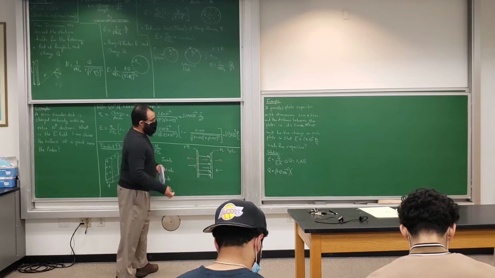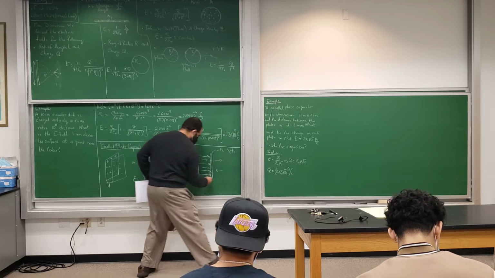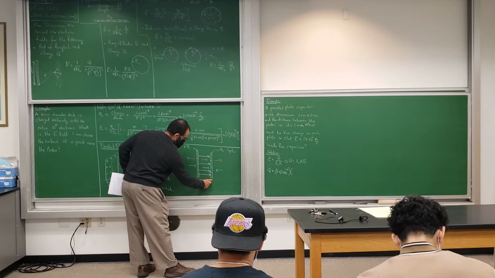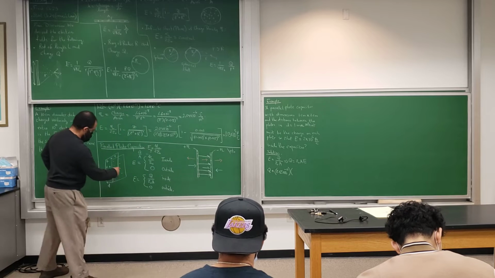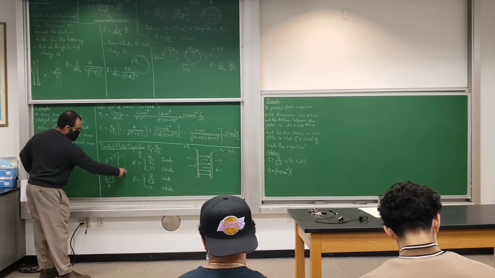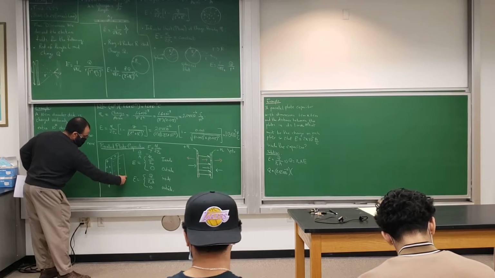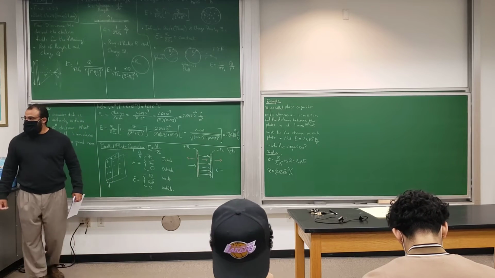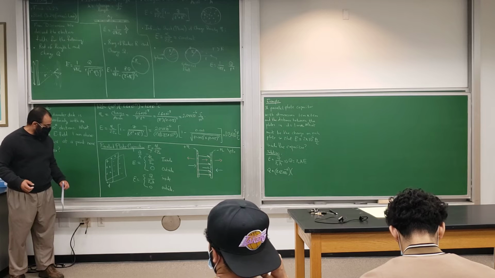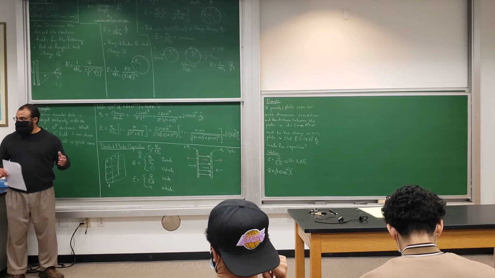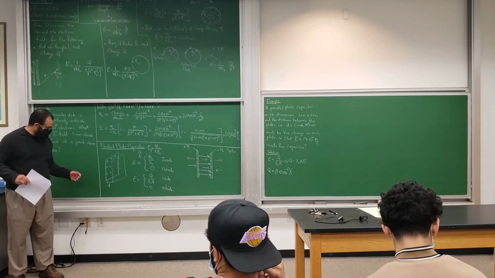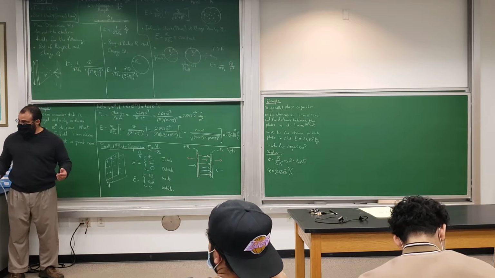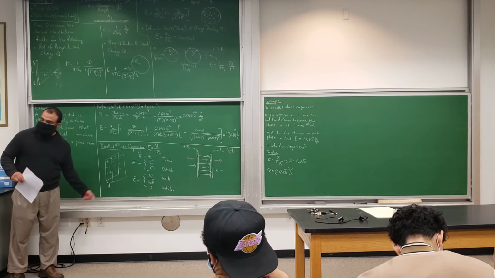So the D over here refers to the distance from here to here, but what matters is the area of the plates. So let's say this one is 2 centimeters by 1 centimeter. The distance can be any number, in principle, if they're truly infinite, but for a realistic parallel plate capacitor you want D to be very small.